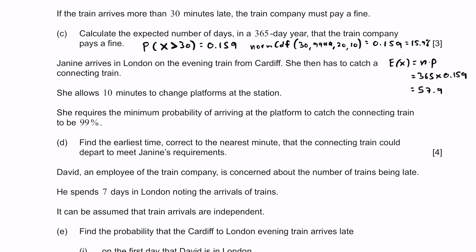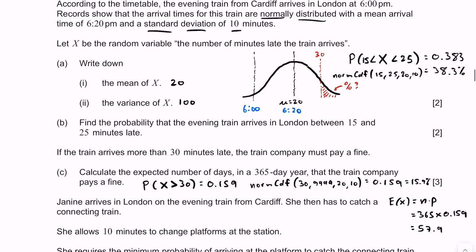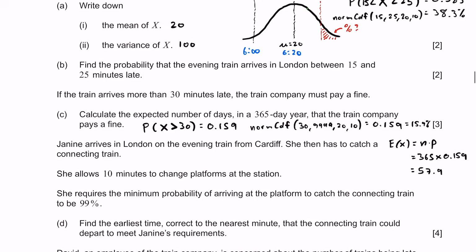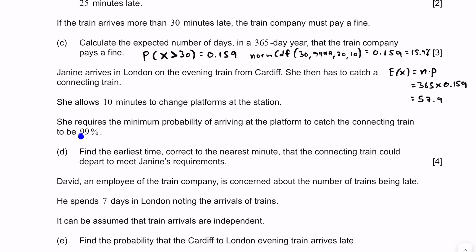So what is the earliest time she should book her next train out of London, knowing that this train from Cardiff arrives, within these bounds, along this kind of normal distribution? She wants to be sure that she catches this connecting train 99% of the time. So when should she book it?